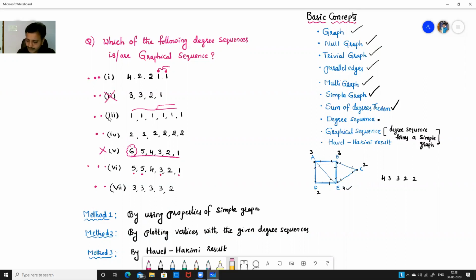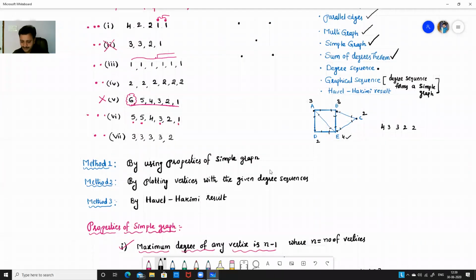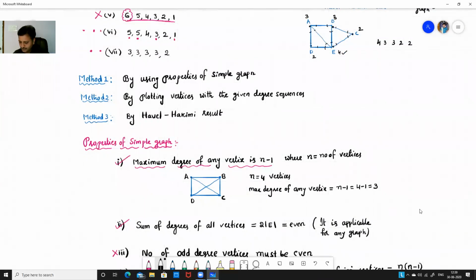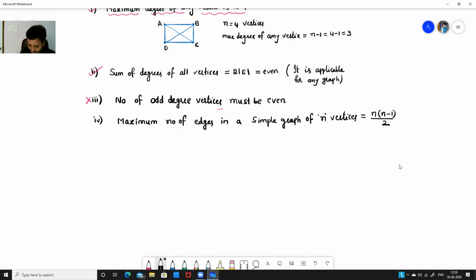So I can take 5 vertices. Otherwise, let me draw in a separate way because there is no space. 4, 2, 2, 1, 1.